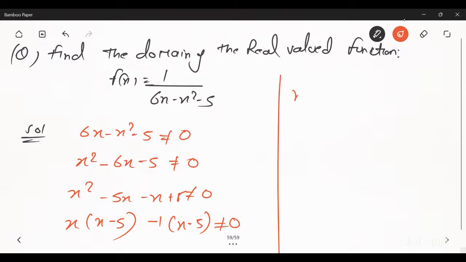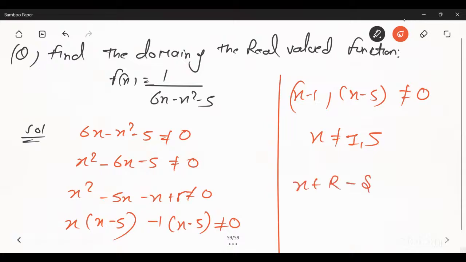So (x minus 1)(x minus 5) does not equal to 0. It means that x does not equal 1 and x does not equal 5. So you can take any value of x in R, but not 1 and 5. So the domain will be R minus {1, 5}.